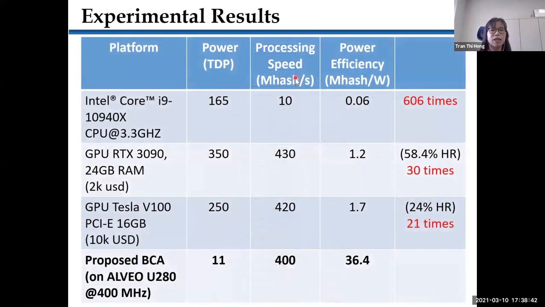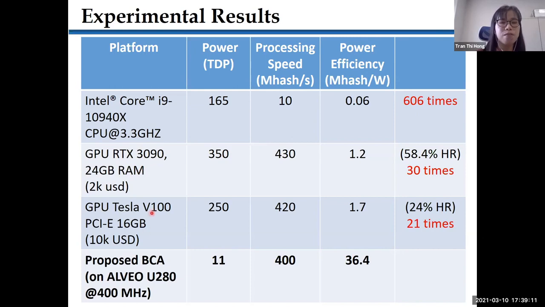Okay, so what is our experiment result? We have run the simulation to calculate the double SHA on several hardware platforms like the Intel Core i9, the GPU RTX 3090, which is a very fast GPU nowadays, fabricated in ASIC 8 nanometer technology, a very fast technology.